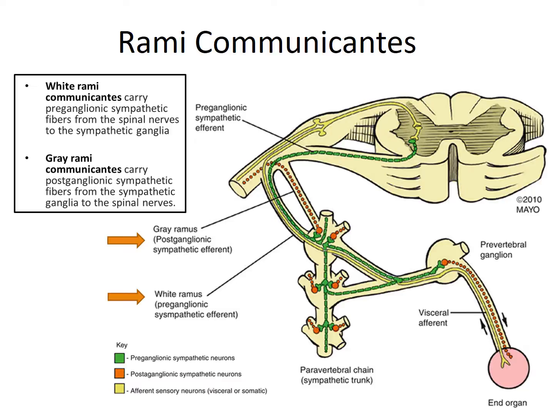The gray rami communicantes carry postganglionic sympathetic fibers from the sympathetic chain ganglia to the spinal nerves. Gray communicantes.